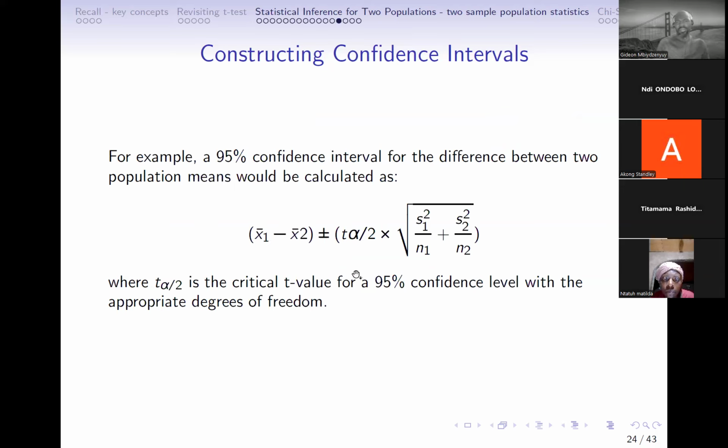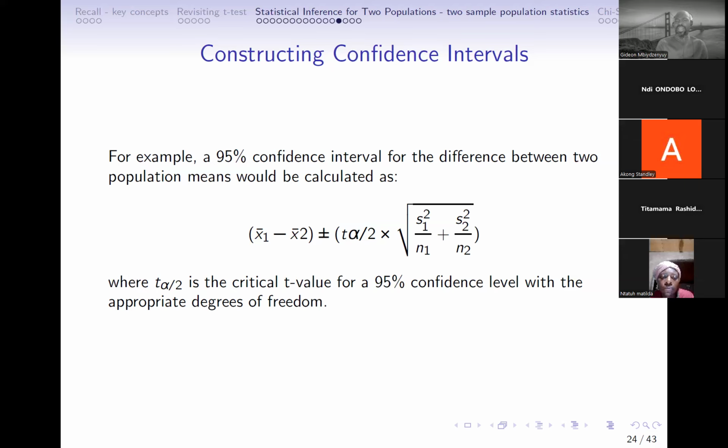Let's take an example of calculating a 95% confidence interval for the difference between two population means where we do not know the standard deviation of the population, which is one of the conditions we've seen many times.